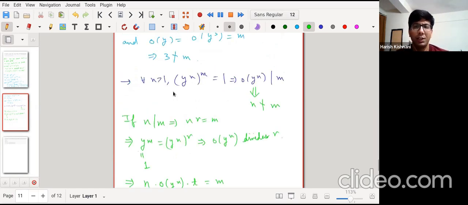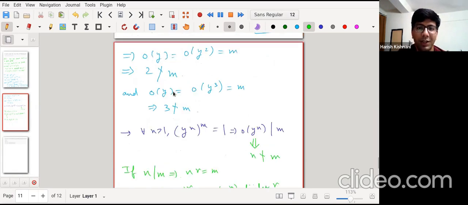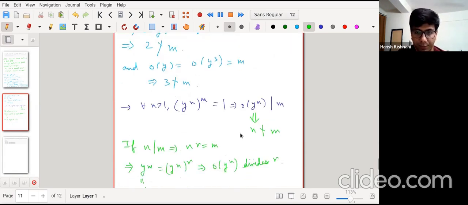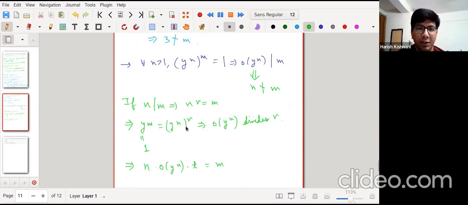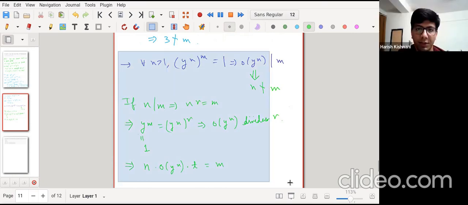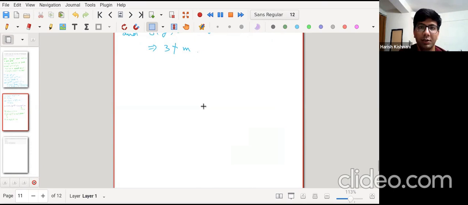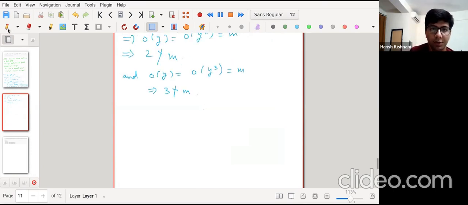I'm not sure how I did it, but you try it on your own. You will get that m is not divisible by any prime. That's why m has to be identity. Okay sir, I will also try separately, and we will see in the next class, if you are not able to do that.